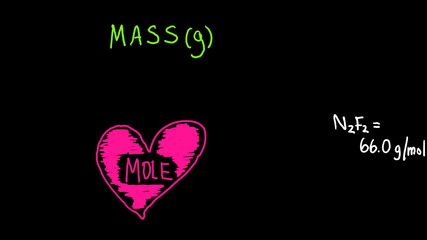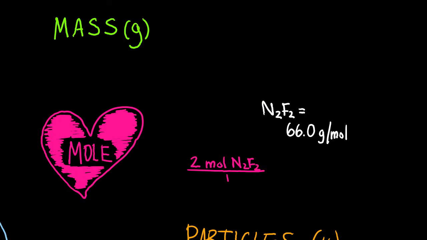If you have a certain number of moles of a compound or an element, say you have 2 moles of N2F2, and you're trying to convert from moles to grams or mass, then what you'd have to do is look at your units. Moles of N2F2 will have to go on the bottom to cancel out, and you're going to grams of, in this case, N2F2.